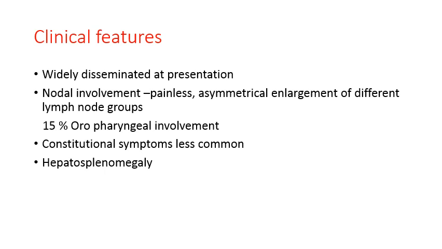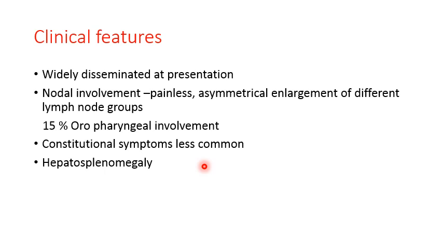And in Hodgkin's, the commonest is cervical, whereas in non-Hodgkin's, oropharyngeal involvement, that is tonsils, adenoids, that type of involvement is common in 15% of patients. As opposed to Hodgkin's lymphomas, fever and constitutional symptoms are less common.